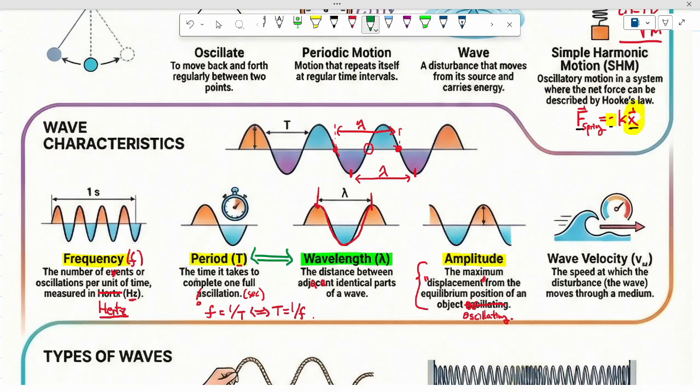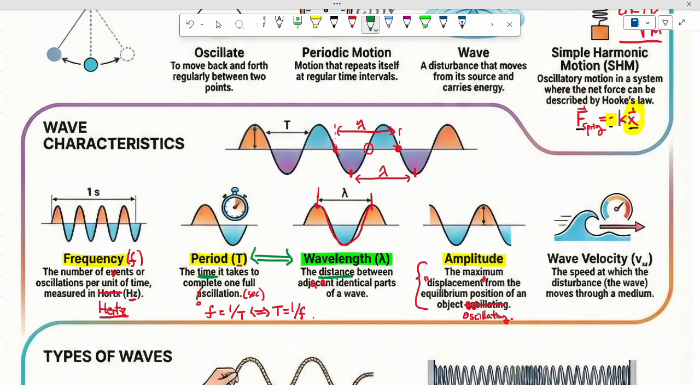Period is how much time it takes for the pattern you see, either in oscillations or wave motion, to repeat in time. And wavelength is the spatial distance it takes for the repeating portion to repeat. That only happens with waves.